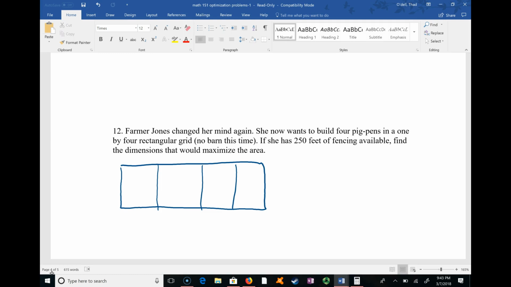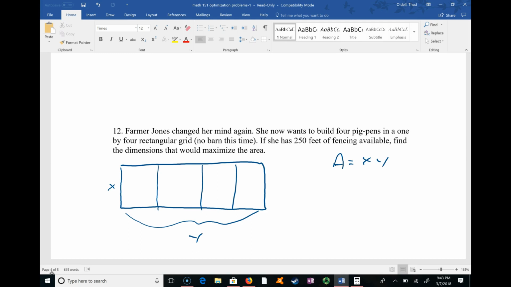So no barns, so we need fencing around the whole thing. So we have 250 feet of fencing, so let's do some labeling here. If that's X, that means all of these things are X, and then we'll call this whole thing Y. That way we know that the area is X times Y.